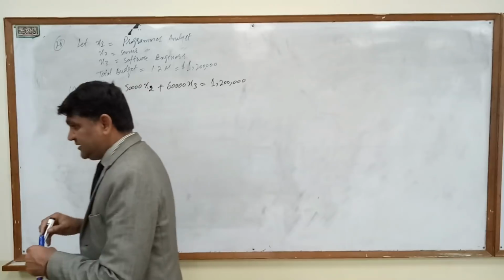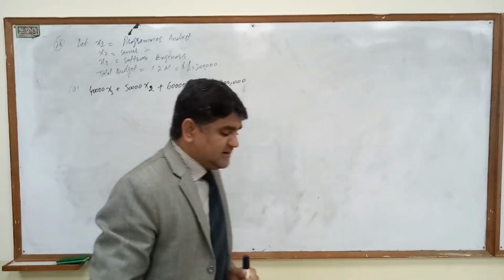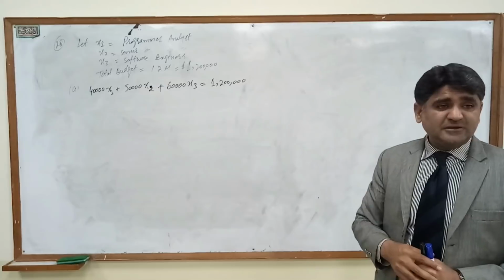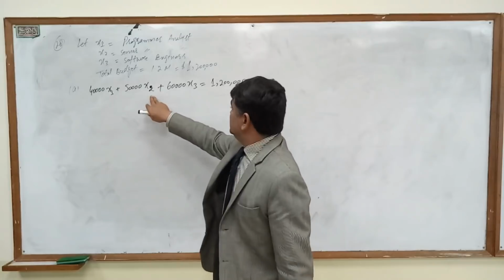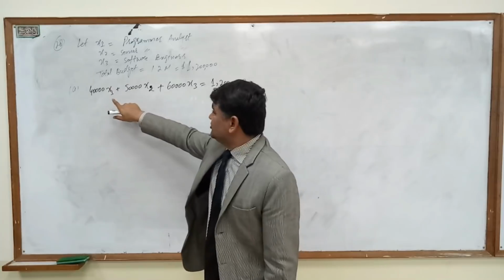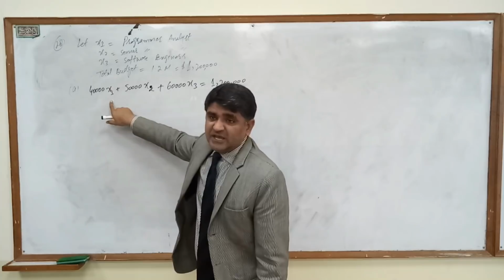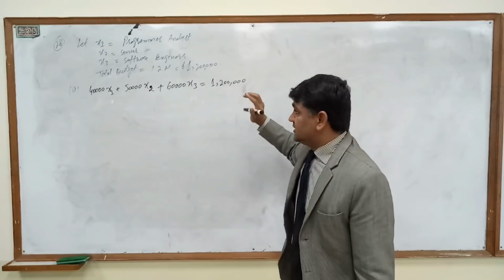What is part B? If it were desired to spend the entire budget on one type of position, how many persons of each type could be hired? If they desire to utilize all the budget on one type of hiring, for example, if they leave X2 and X3, meaning senior programmer and software engineers, and they want to hire only programmer analysts, how many programmer analysts can be hired by utilizing $1.2 million?